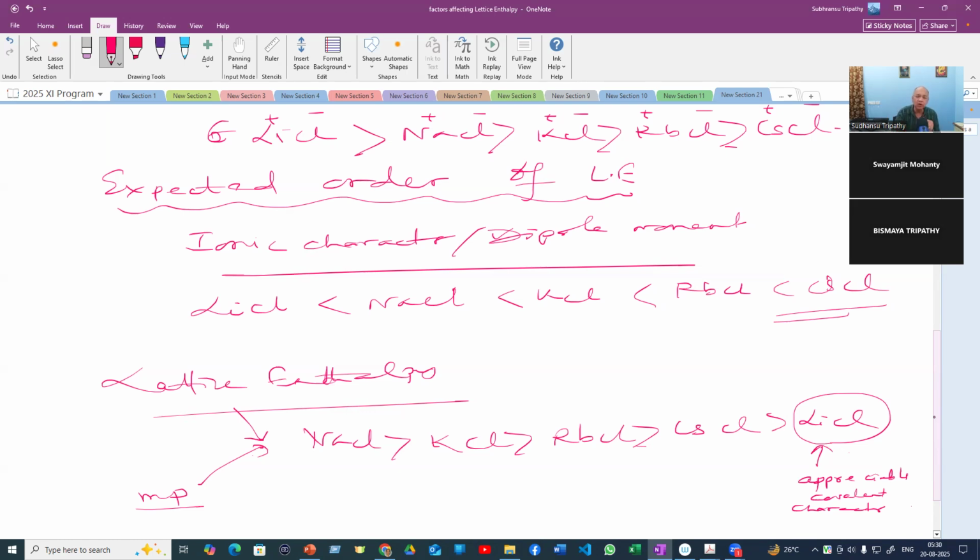The covalent bond is not broken. In the same way, they will be sticking to each other and moving as LiCl, just being detached from the other LiCl having covalent character. Therefore, the more the covalent character, the less the melting point.